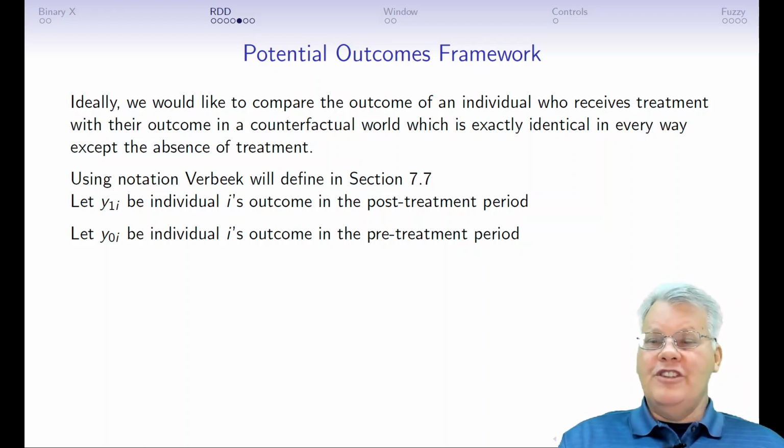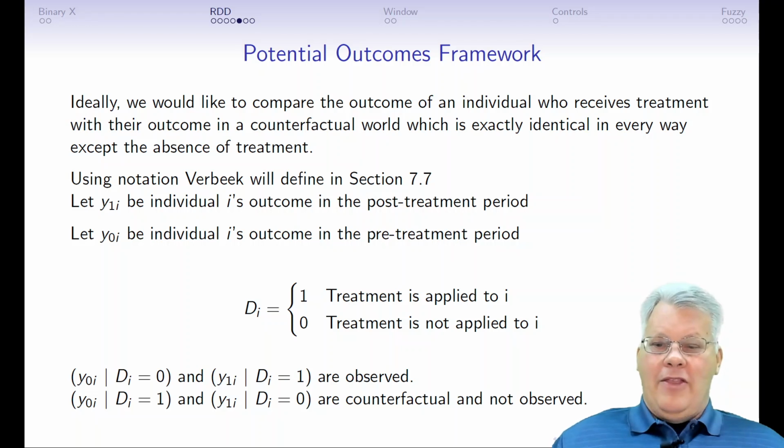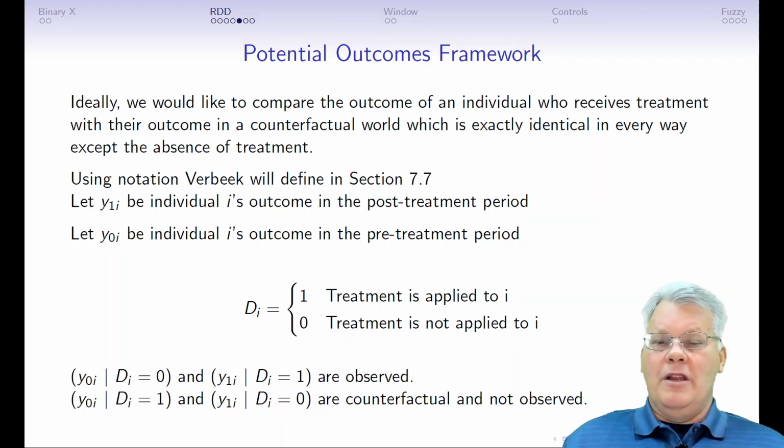So the first subscript there, the binary 0 or 1, indicates whether this person has been treated or not. Okay? And then let the treatment variable d be defined as 1 if the treatment is applied to subject i, and 0 if it is not.